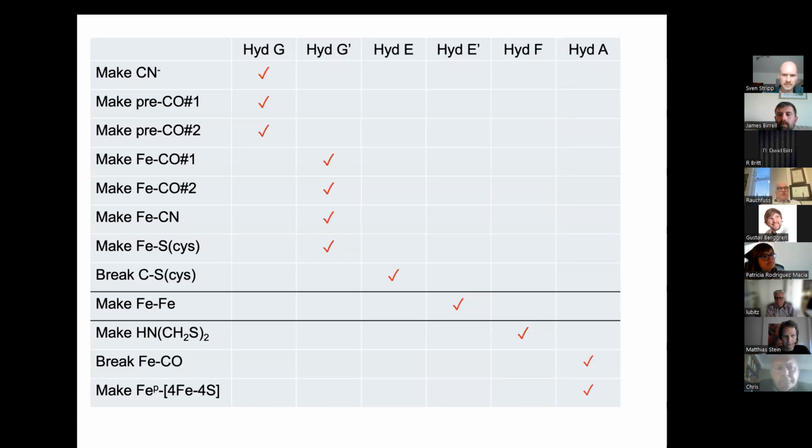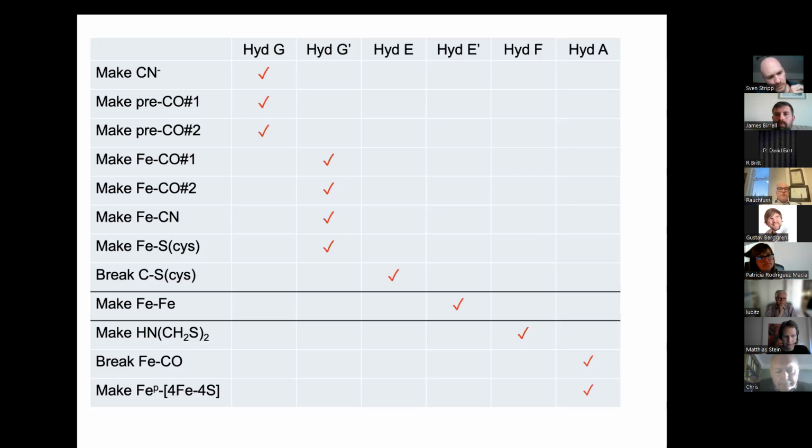So here are the jobs that need to be done, my list, for building this active site. I break Hyd-G into 2 different components depending on whether we're dealing with the radical SAM or the dangler cubane, as Dave refers to it.